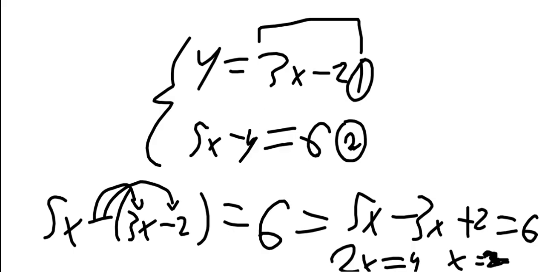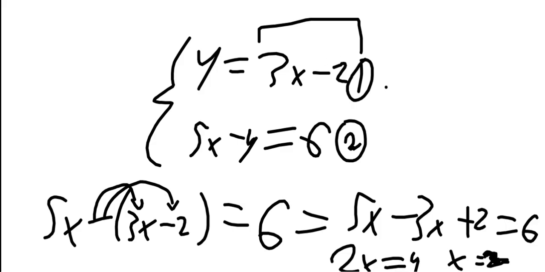When you have an equation like this, it's always better to plug in x in this equation, because you already have the other variable equaling something involving x, so you can just plug in x for that.